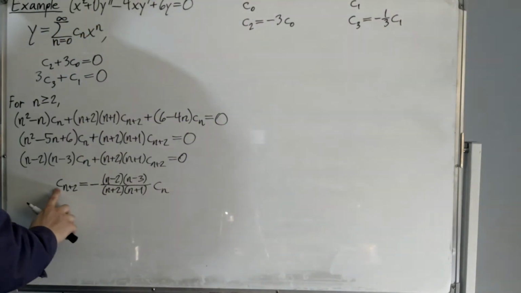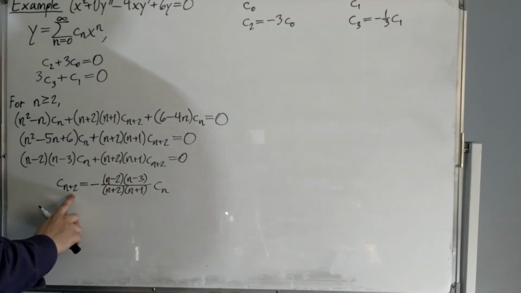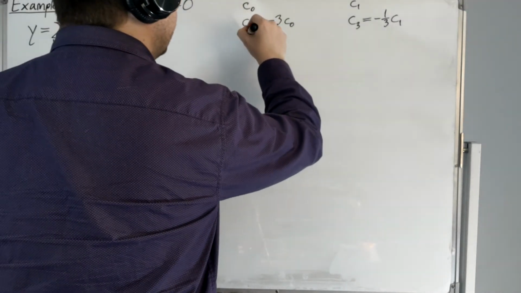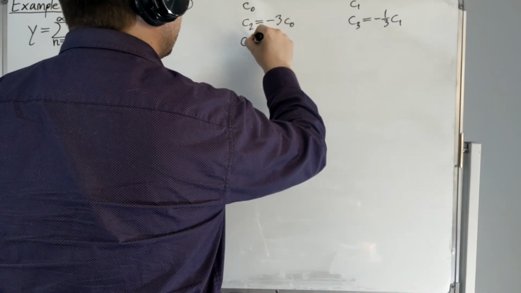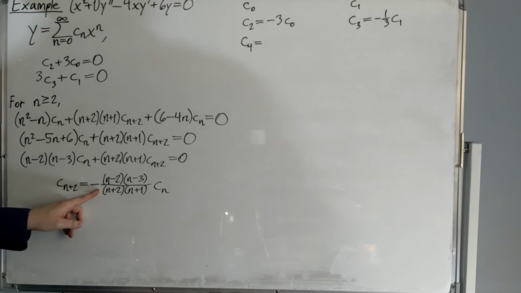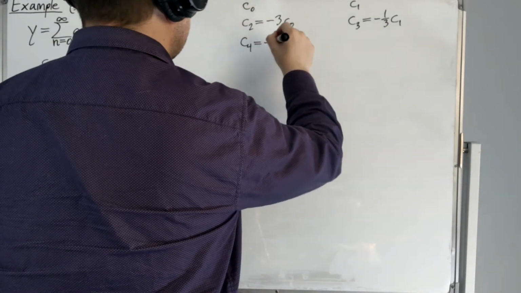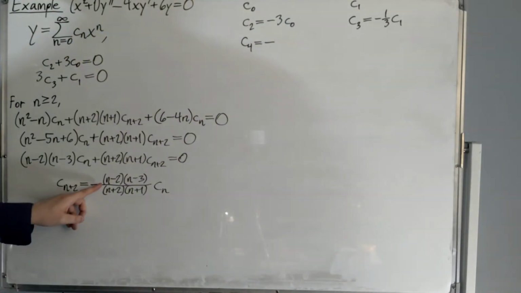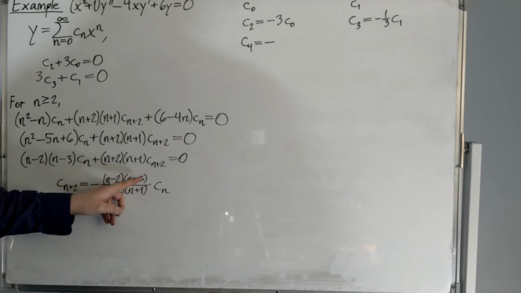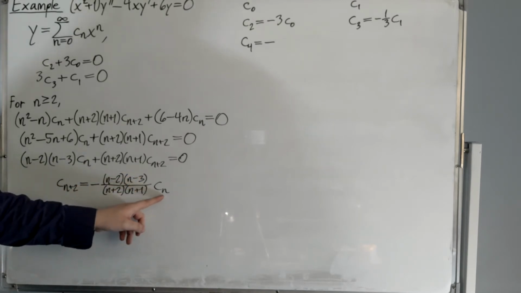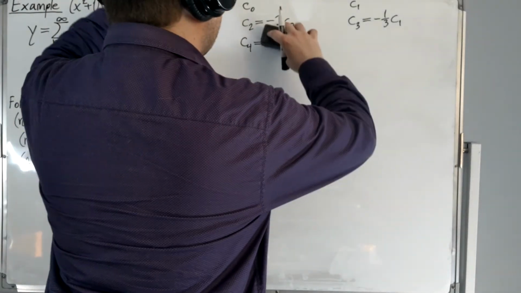And now C4, let's write that down, C4 is going to be negative 0 times some stuff times C2. But of course, 0 times anything is 0.